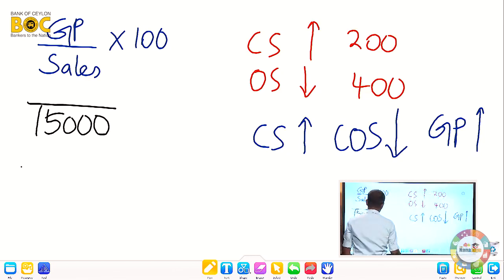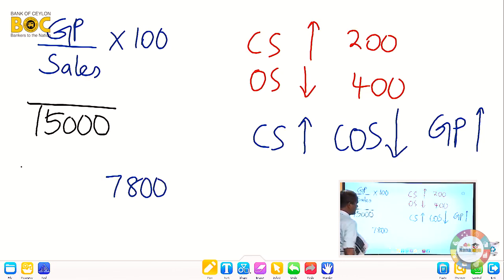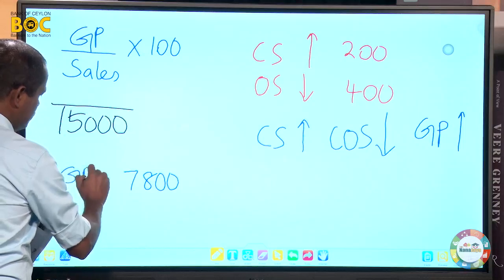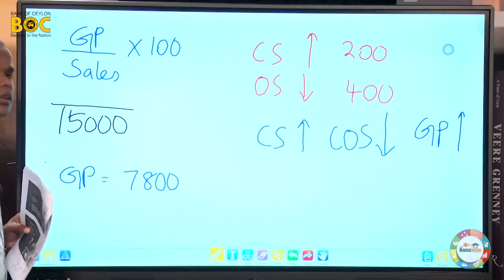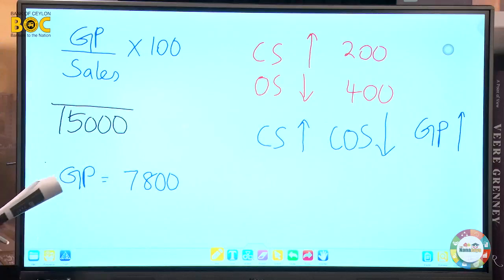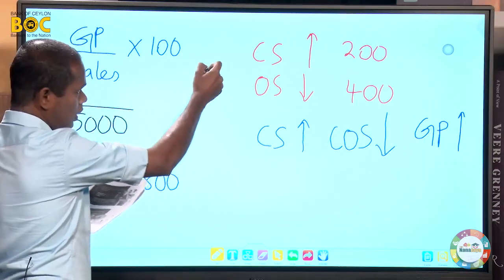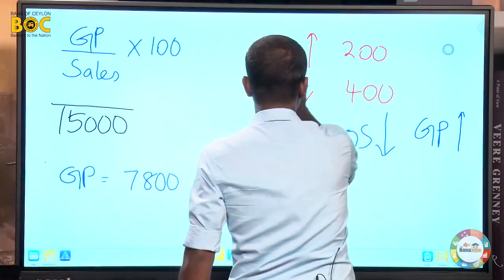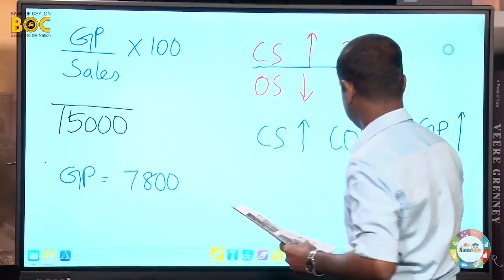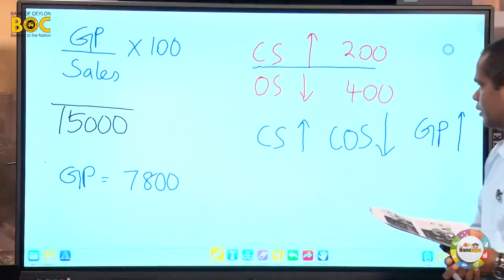Then we can calculate the gross profit. The given gross profit is 7,800. Now see, the closing stock is overstated by 200.